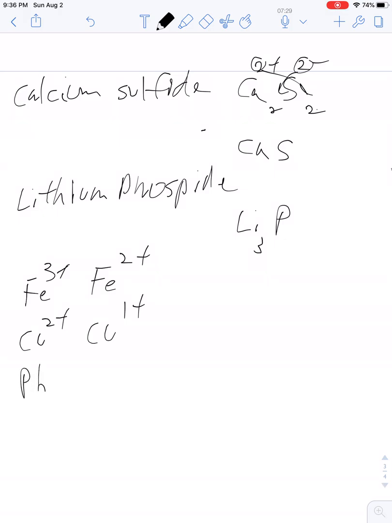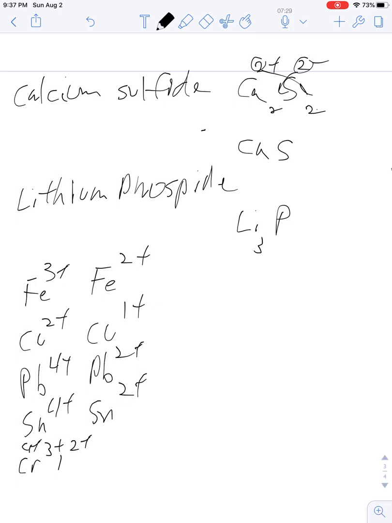Lead can be a 4 plus, lead can be a 2 plus. Tin can be a 4 plus, tin can be a 2 plus. Chromium can be like a 3 or 2 plus, sometimes a 4 plus. Manganese can be like a 4 plus, a 3 plus, a 2 plus. Let's see, what other ones are there?